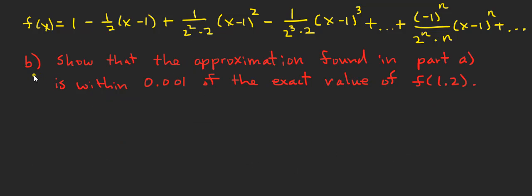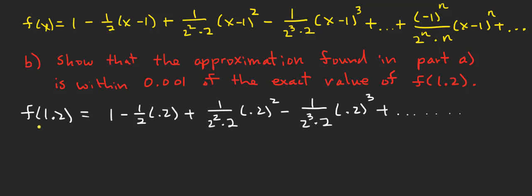Now for part B, we need to show that the approximation found in part A is within 0.001 of the exact value of f of 1.2. And we know that f of 1.2 is 1 minus 1 over 2 times 0.2 plus 1 over 2 squared times 2 times 0.2 squared and so forth.